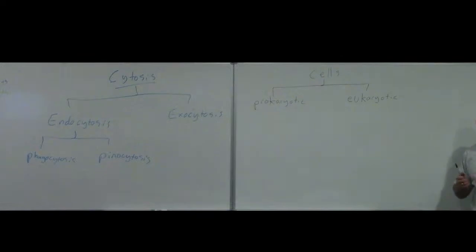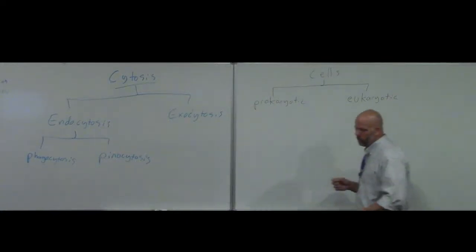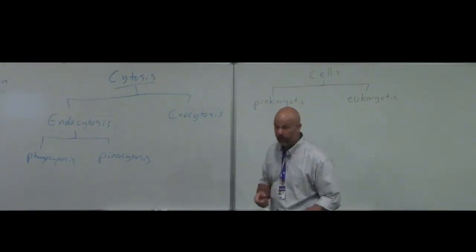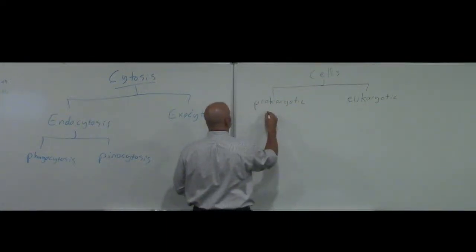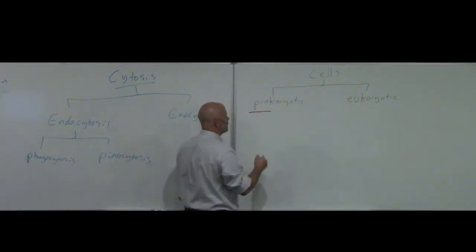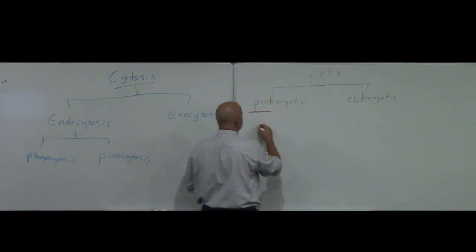So right away, when we talk cells, we can divide all cells into just two classes, either prokaryotes or eukaryotes. Prokaryotes, the word pro means before, okay? That's significant. So these have no nucleus.